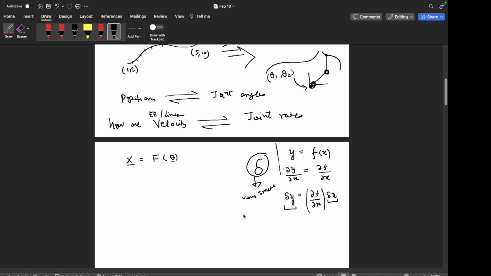This delta of any quantity is a small change in that quantity, and this del by del x is an operator, like an operation you are doing on that function. This is the derivative, or more precisely the partial derivative operator.